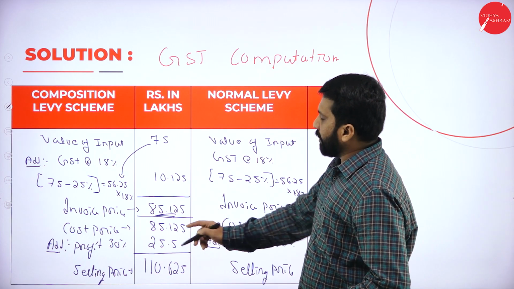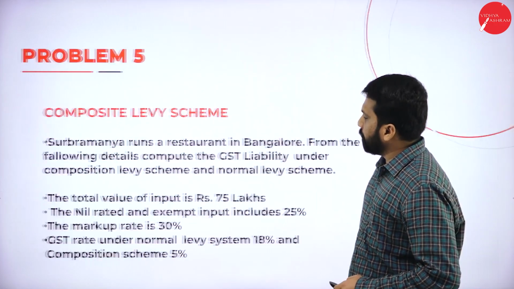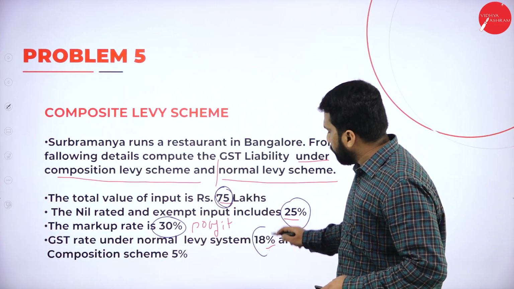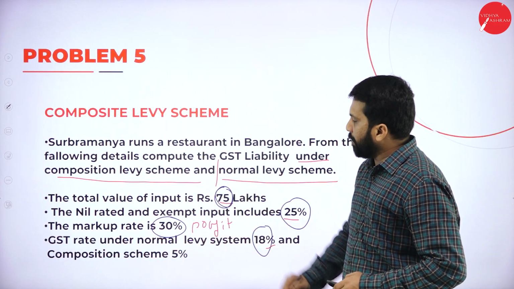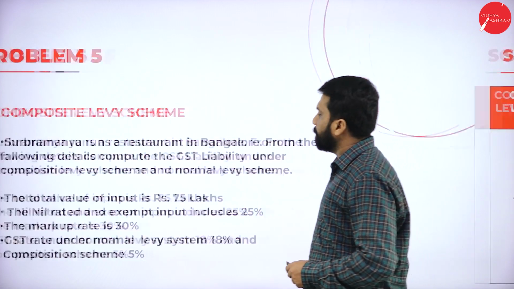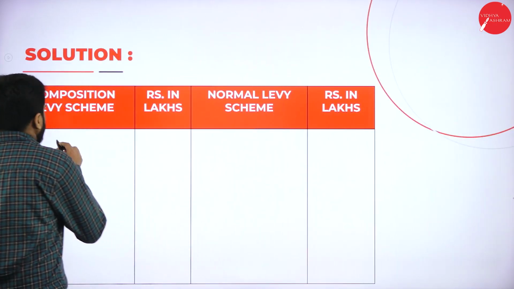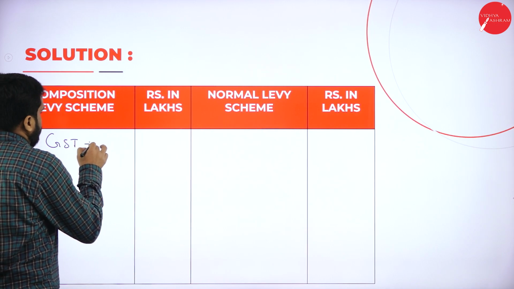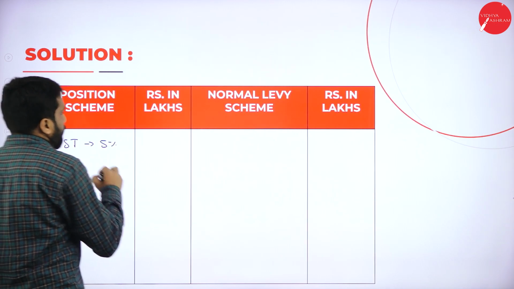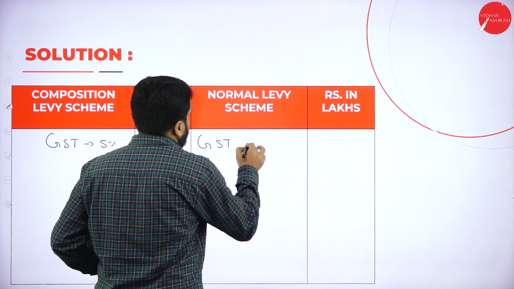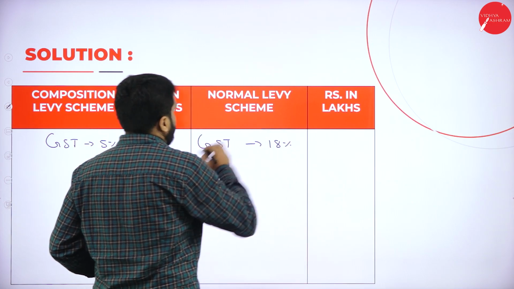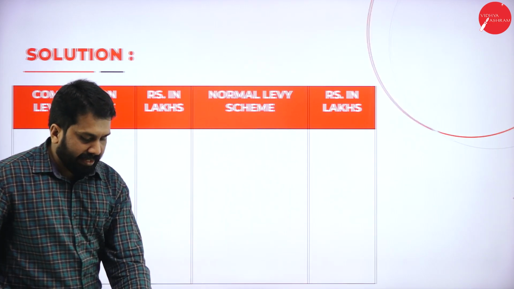Now, I'll calculate GST. What is the GST? As per question, 18% for normal levy, 5% for composition. Now, how to calculate?